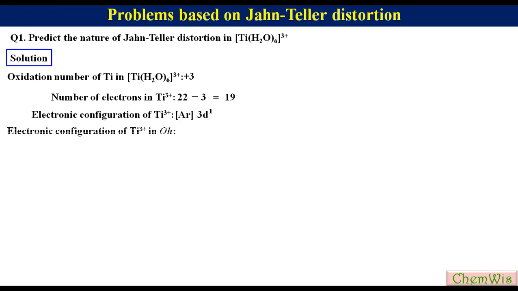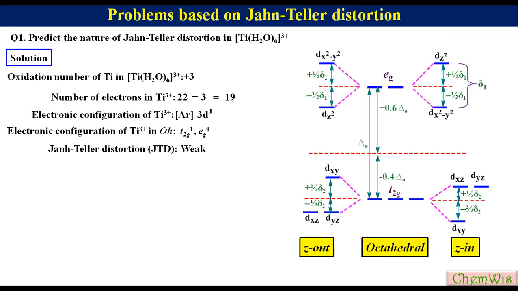Electronic configuration of titanium 3+ in octahedral environment will be t2g1 eg0. Since it has unsymmetrically filled t2g, it will have weak Jahn-Teller distortion.